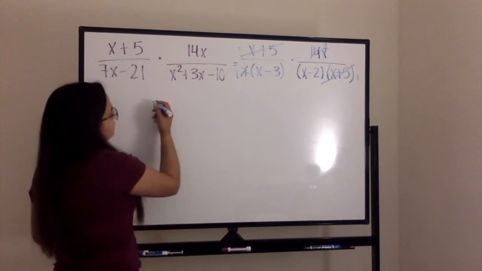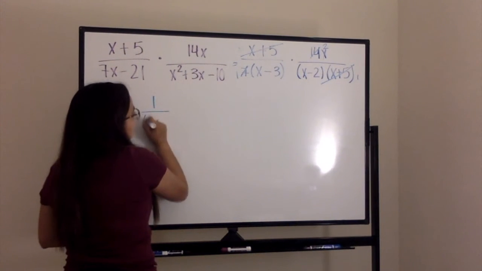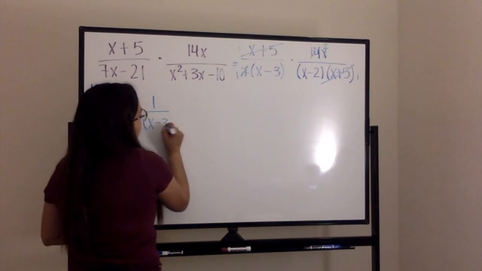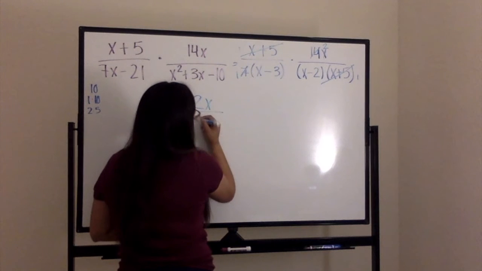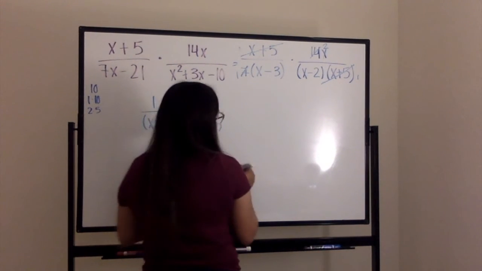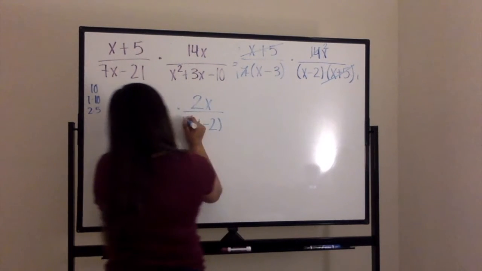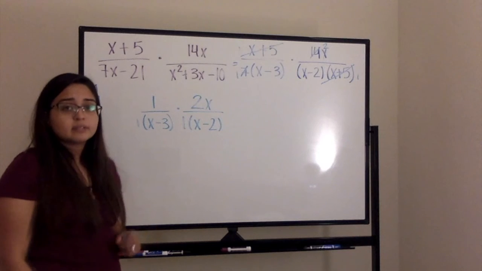So instead of a 14, you can make this a 2. Alright, so now it's going to look like this. 1 over (x − 3) times 2x over (x − 2) times 1, pretty much. Okay, now let's multiply.